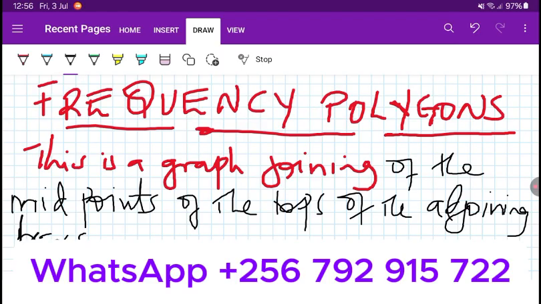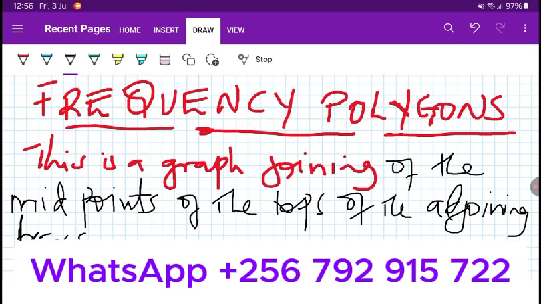When we are drawing these polygons, we always use lines, but these lines have to connect to the horizontal axis so that they can complete. You don't just draw it as if you are drawing a line graph. What differentiates this from a line graph is the fact that this is supposed to touch the horizontal axis to complete a frequency polygon.